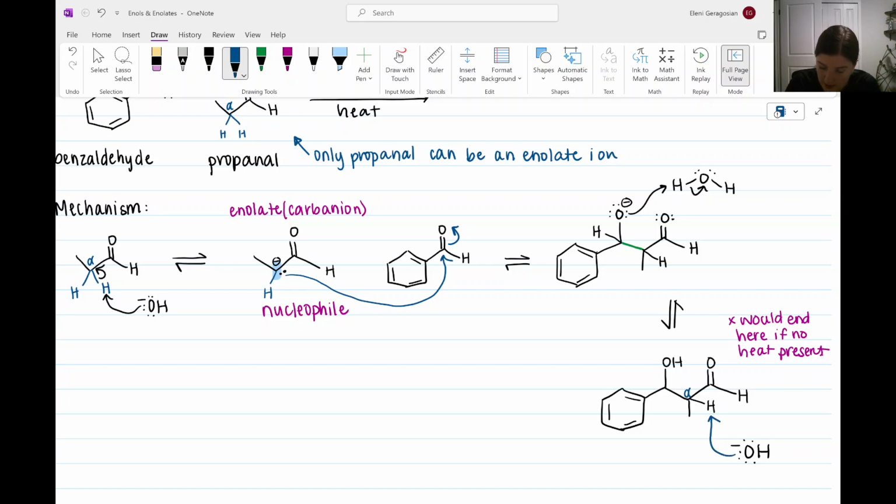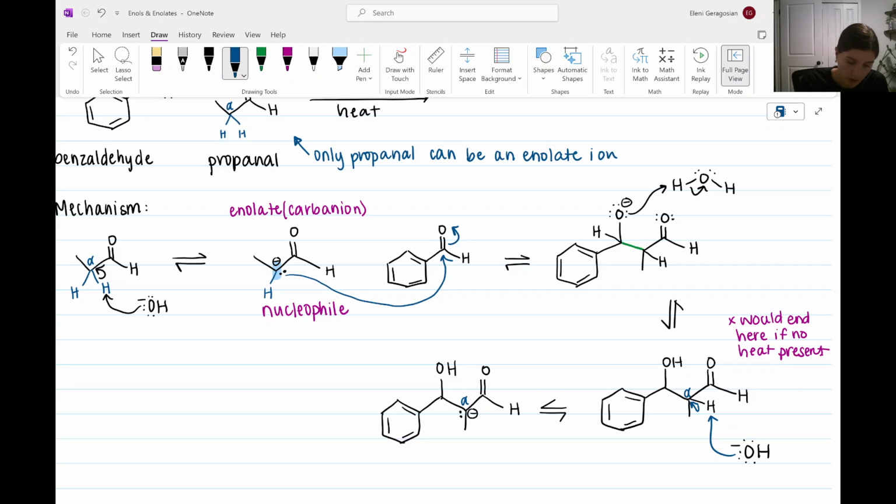So the hydroxide takes the hydrogen, and we again form a carbanion. So we have a lone pair and a negative charge on that alpha carbon.